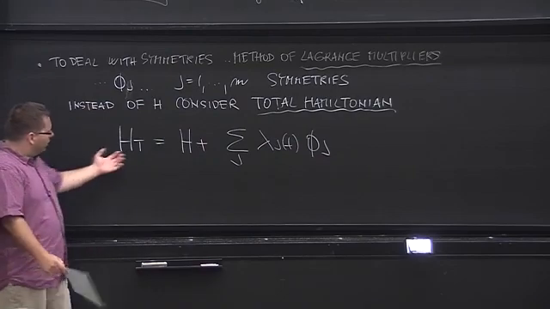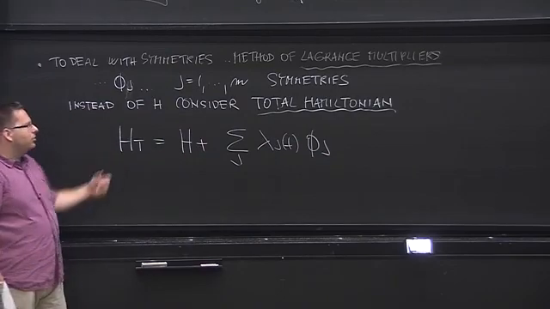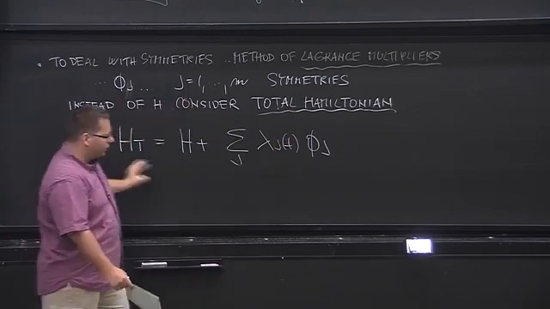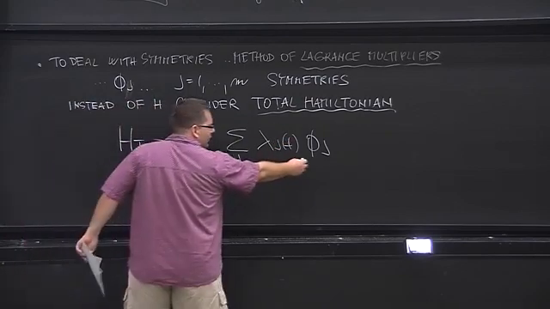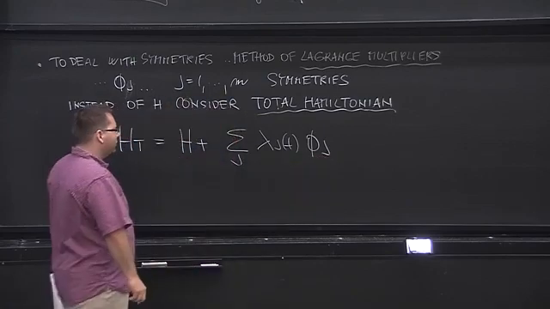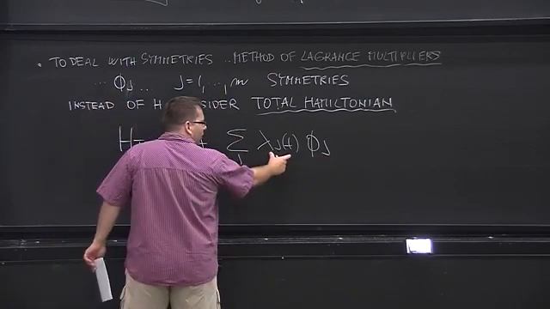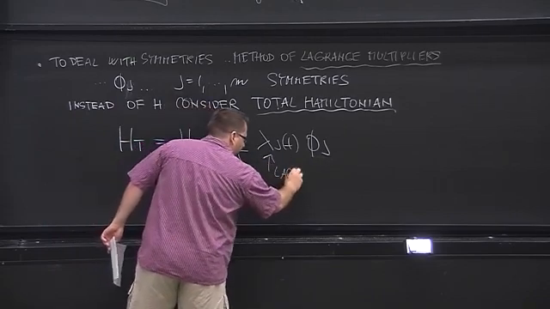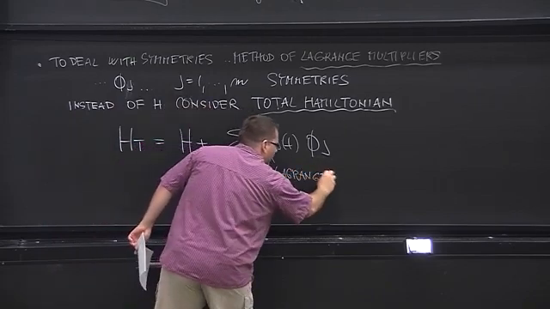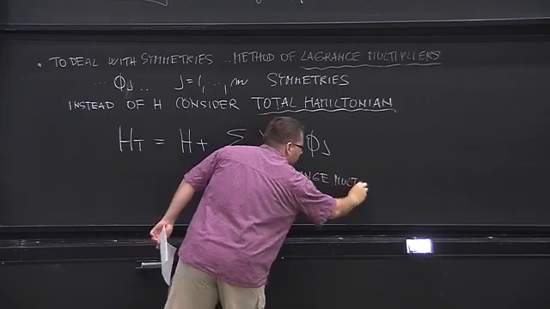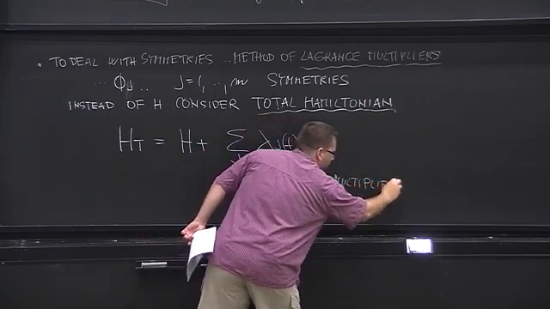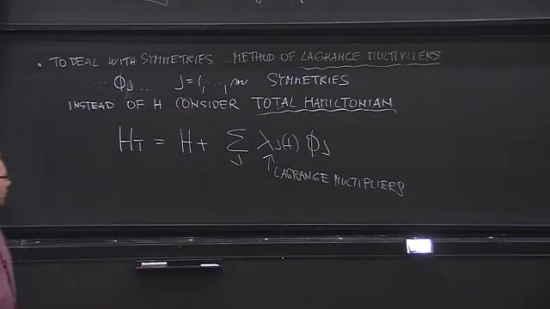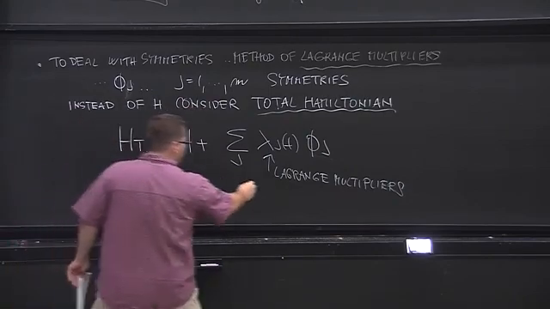So this is your original Hamiltonian, this is your total Hamiltonian, and the statement is you should be varying with respect to this total Hamiltonian, and the correction is that you sum over all possible constraints you have, and you multiply these constraints by these things which are called precisely the Lagrange multipliers. And they are arbitrary functions of time.